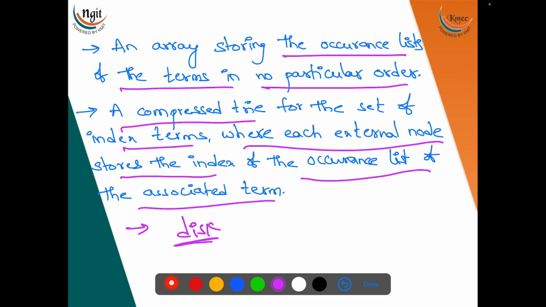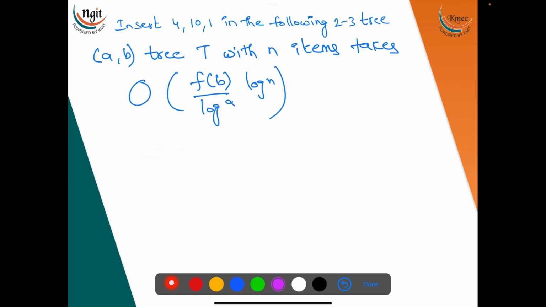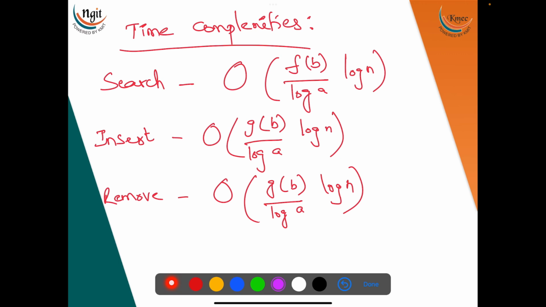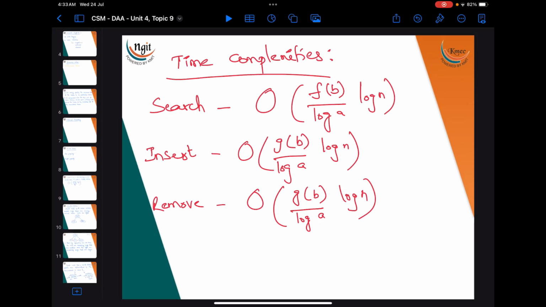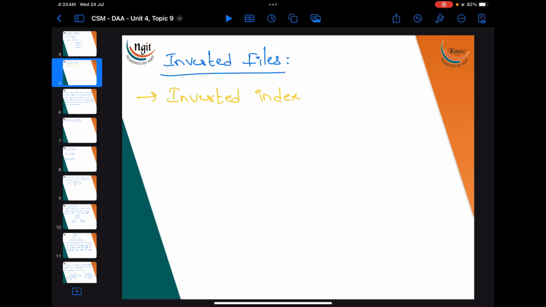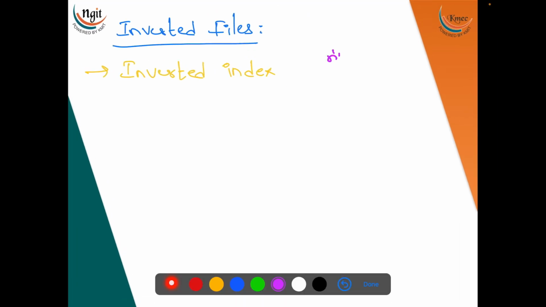A query for a single keyword is similar to a word matching query. The keyword is searched in the trie and the associated occurrence list is returned. Now, that is in the case of a single keyword. Let's say that I have a single keyword.